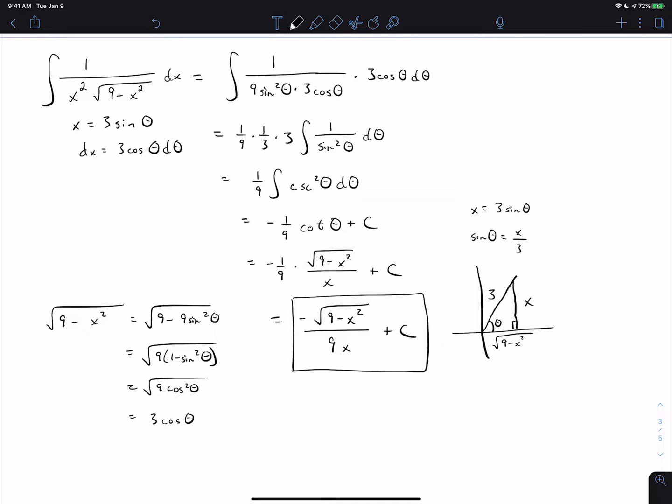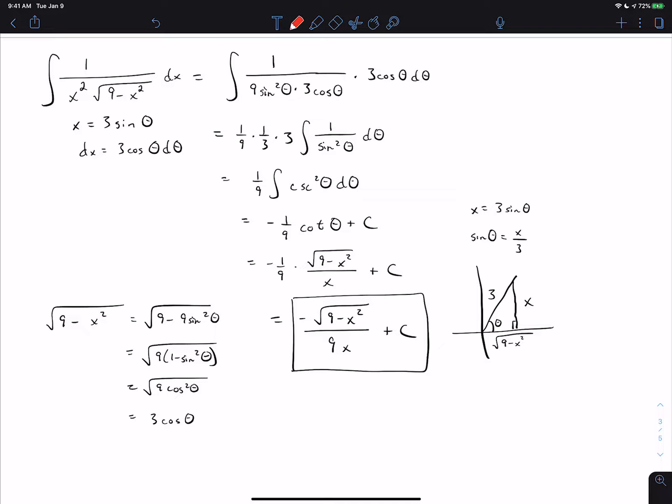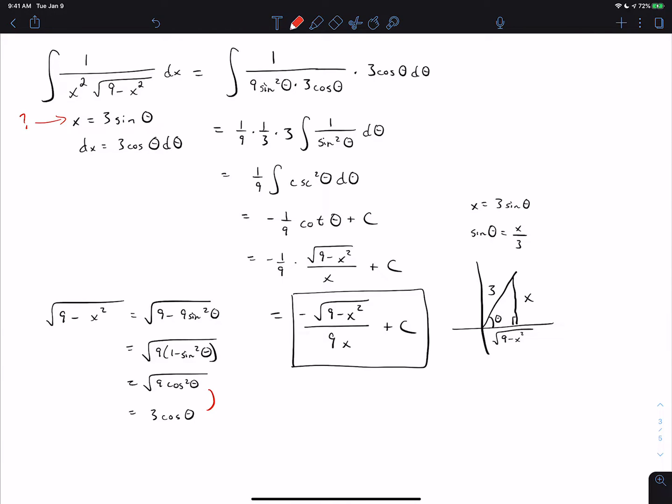I want to talk about several places where some of what we're doing is questionably legitimate. First, x equals 3 sine theta is questionable because sine theta is very restrictive. Sine is always between 1 and negative 1, which means we're restricting x here. So there's a restriction on x that is a little bit unclear as to why that's okay. Another spot is when we go from the square root of 9 cosine squared theta to 3 cosine theta.